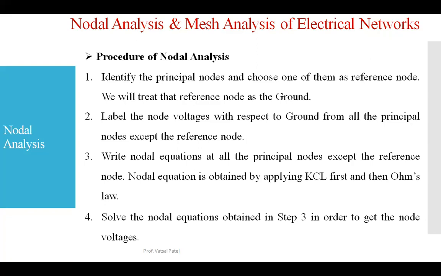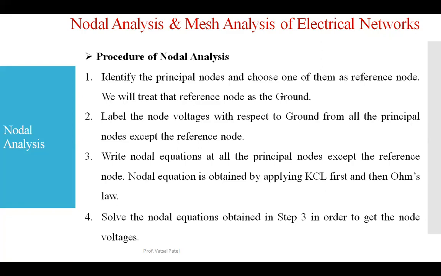So in the nodal analysis procedure steps, the second step indicates that we have to label the node voltages except the reference node. We have to write down the nodal equation at all the principal nodes except the reference node, and that nodal equation is obtained by using KCL, and then after we apply Ohm's law.